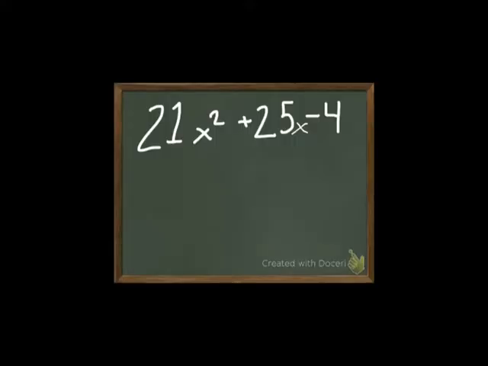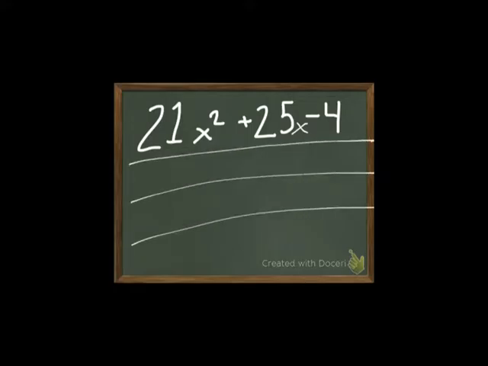So in this problem, 21x squared plus 25x minus 4, we need to factorize. We have our own method, which includes 4 lines. So we draw the lines like this, and then we go with the first term, that is 21x squared.